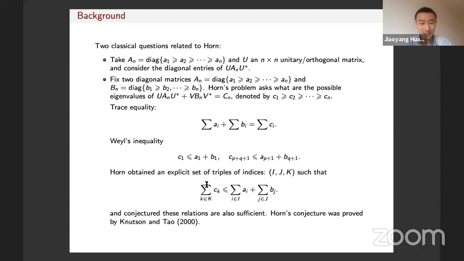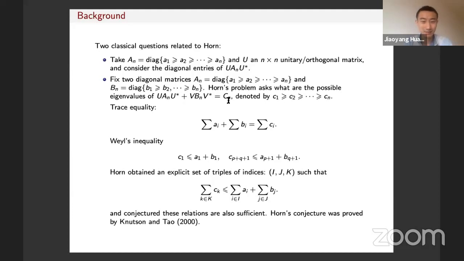He has an explicit form for those triples I, J, K, and he conjectured that these relations are also sufficient. As long as those A, B, C satisfy all those relations, then you can find the two matrices A and B which have AN and BN as their eigenvalues.